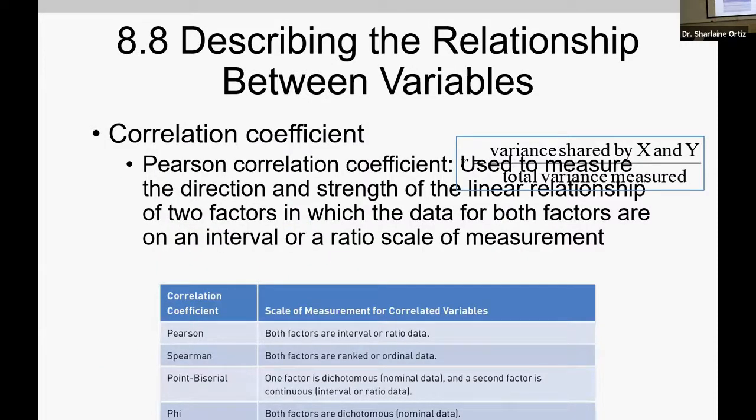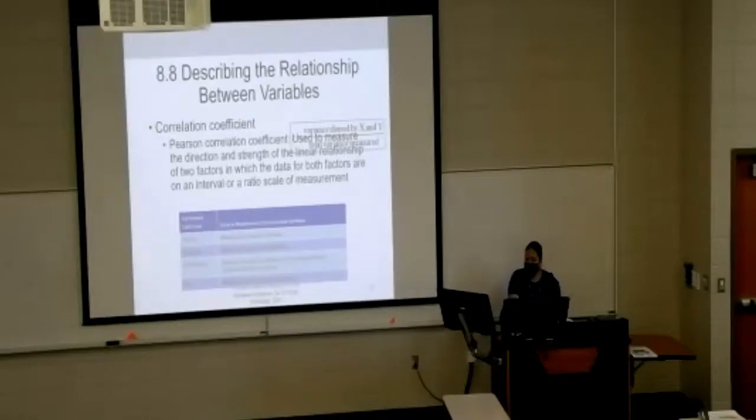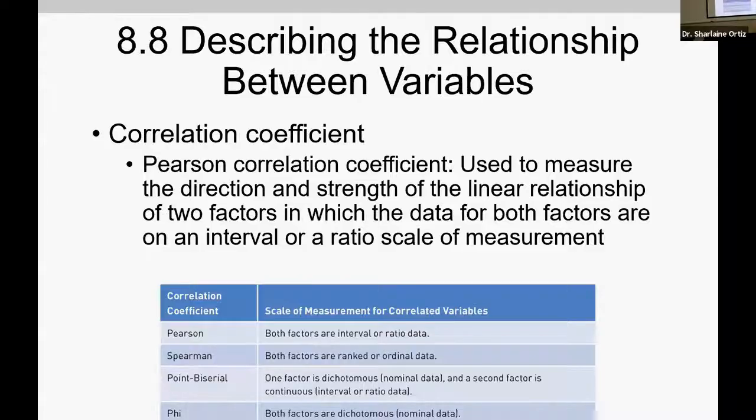Good deal. If we go back to the slides, the correlational coefficients I stated, we were talking about Pearson's correlational coefficient. It's one of the more common statistics that you and I will see in social science.